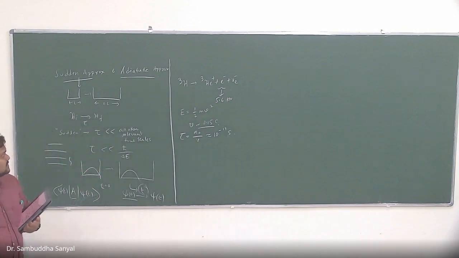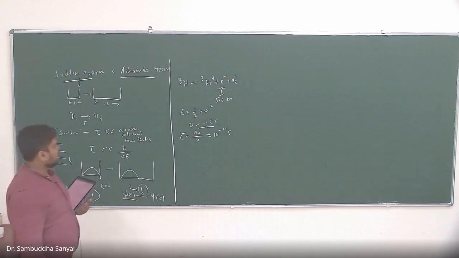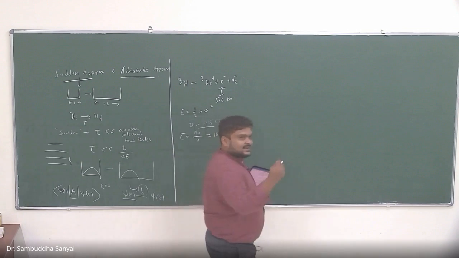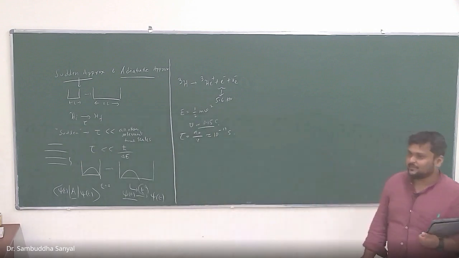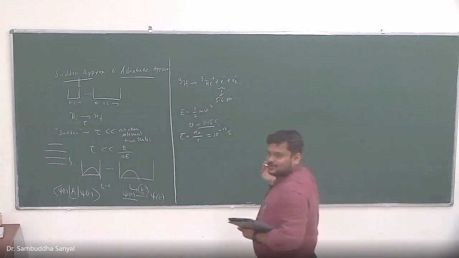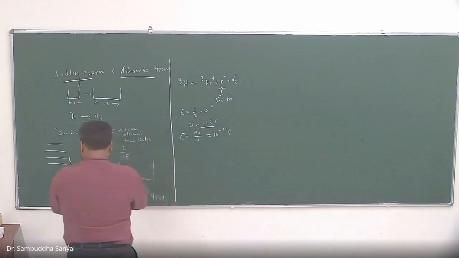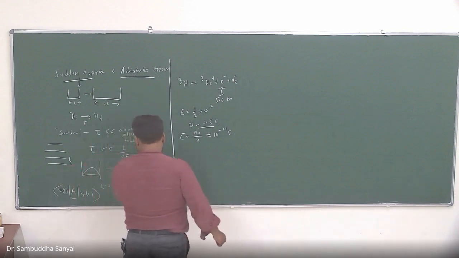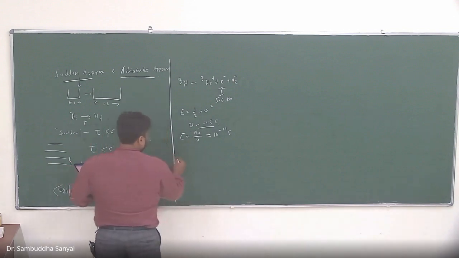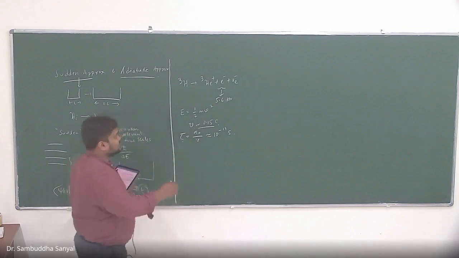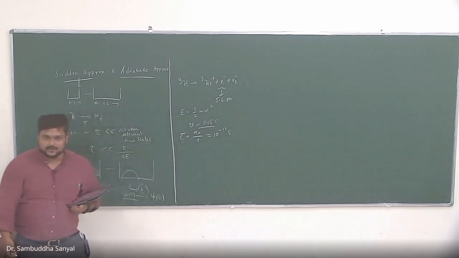No, this is the electron that is released out of it. Okay? So I'm getting a semi-classical estimate of the time scale of the problem, how long it took for the electron to get out of this. Now this is the tau, the time scale with which the emission happened, right?